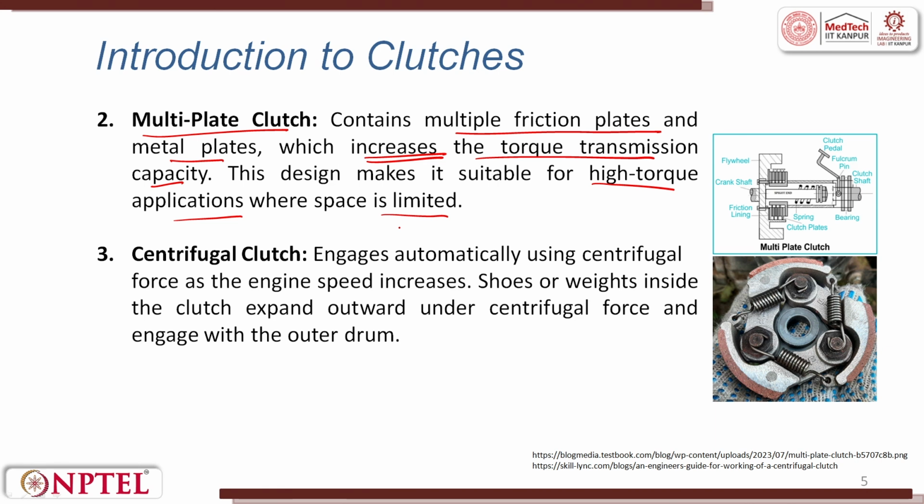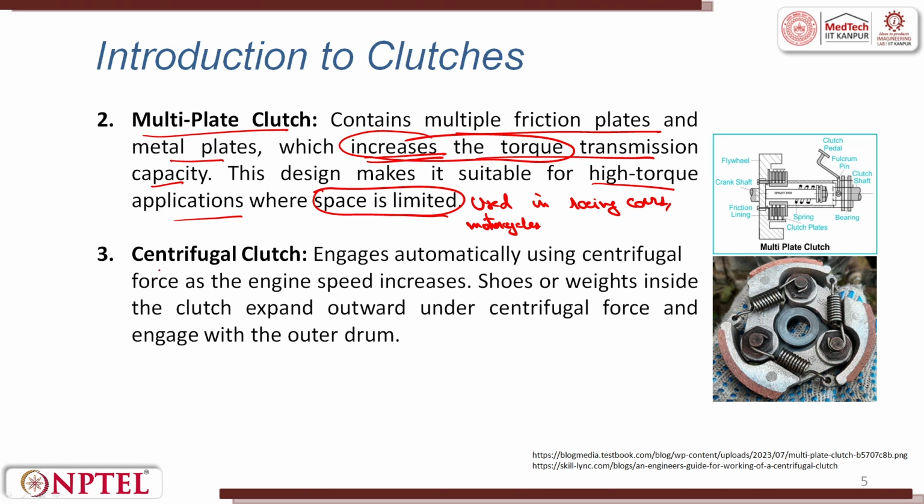For heavy trucks, for racing cars where the torque is high, or for motorcycles that transmit heavy torque, but space is limited, space being limited is a keyword here, and increasing the torque transmission is a keyword here. There we use multiple plate clutches.